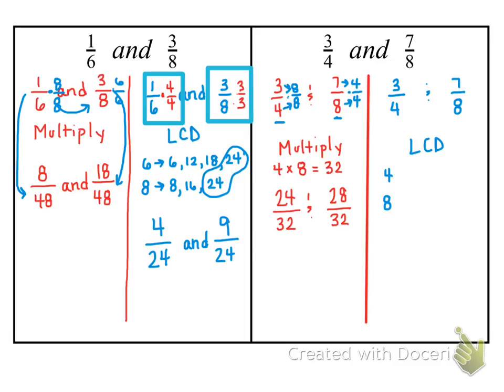Now, one thing I didn't say before that I should have said is that you should always check when looking for a lowest common denominator. The first thing you should really always ask yourself is, does one denominator go into the other? So I'm looking at 4 and 8 here, and when I say, does 4 go evenly into 8, it actually does. So my lowest common denominator is going to be 8, and you'll see that when we write these here.